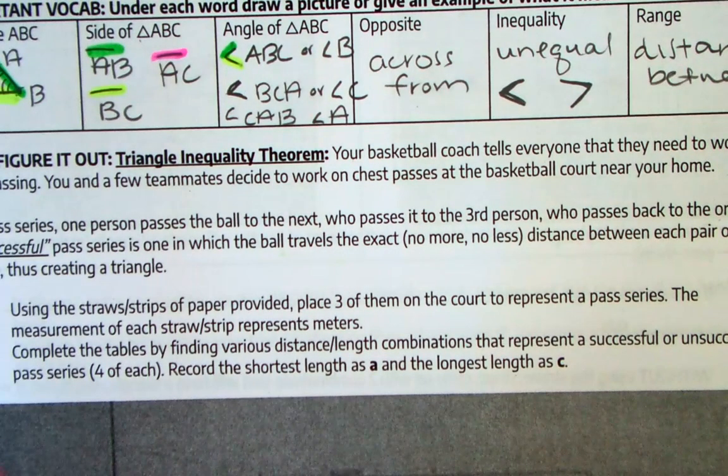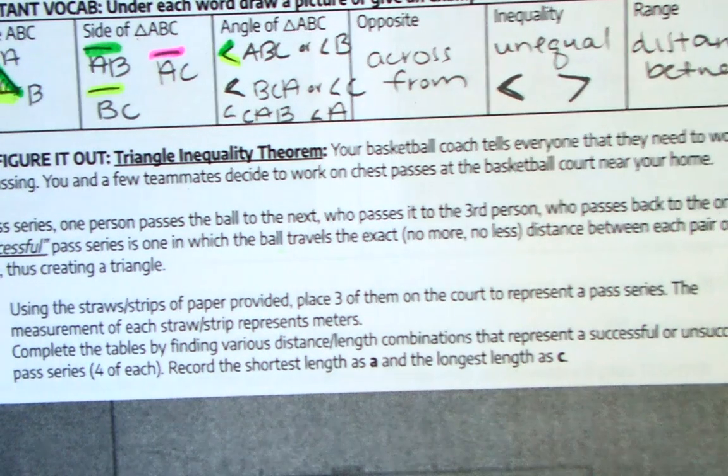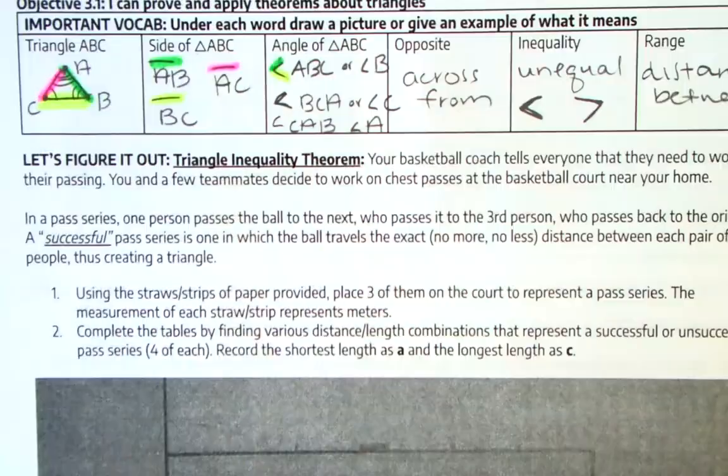So in class, we talked about basketball and pass chains and how pass chains form triangles. We're going to skip over this for the video and go straight to the key points box.